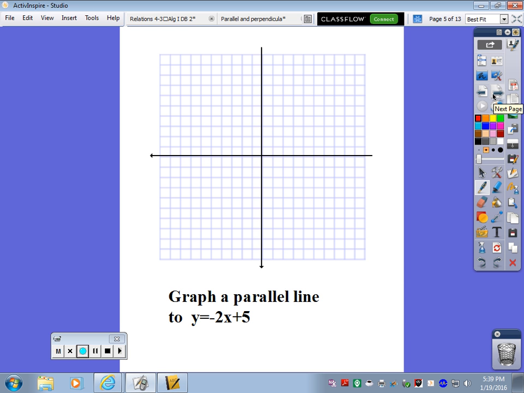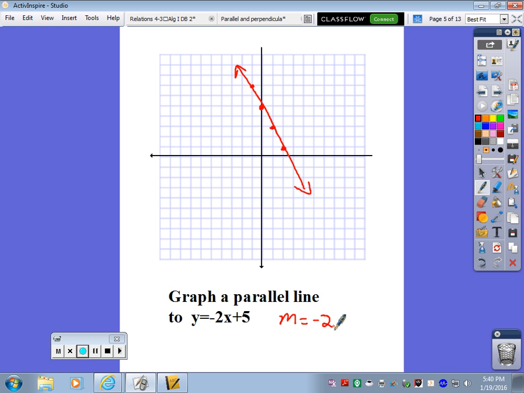Graph a parallel line to y equals negative 2x plus 5. So the first thing I'm going to do is graph y equals negative 2x plus 5. So I start at the 5, rise over run, negative slope. And to draw a line parallel to this, I have to have a similar slope.